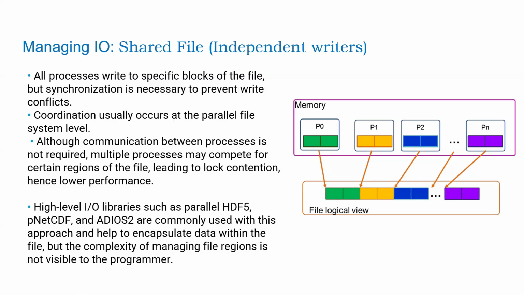However, multiple processes may still need to compete for a certain region of the file, and they may have a problem leading to lock contention, or eventually lower performance in some cases, depending on the networking or the file size.